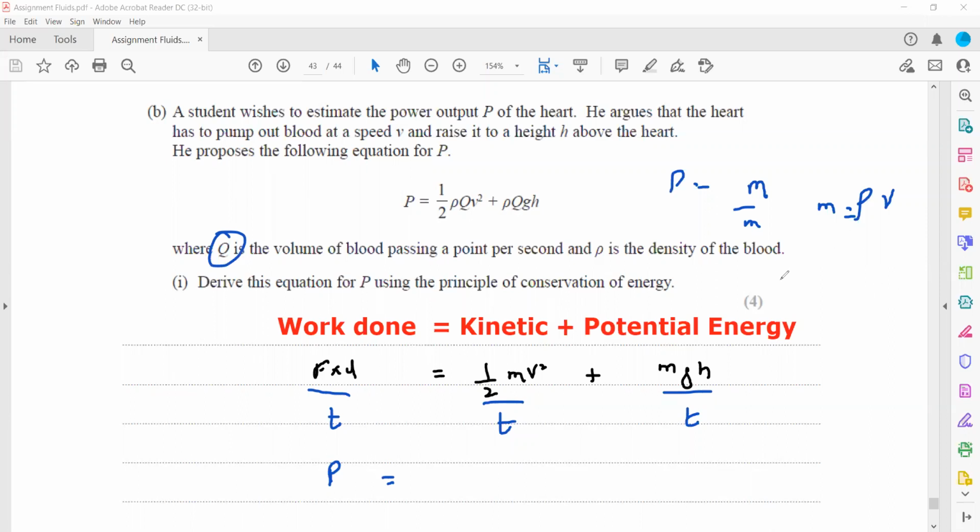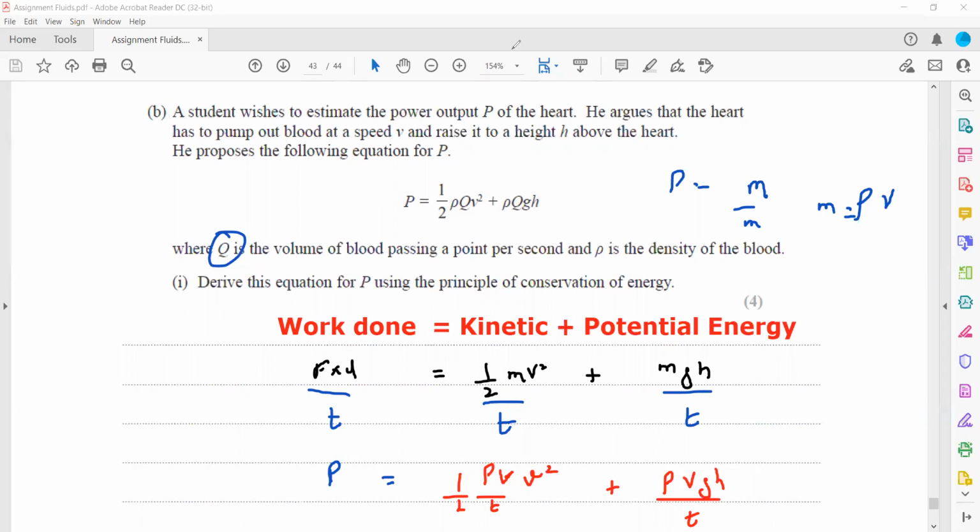So when I write it, in place of mass I substitute density times volume, so it will turn out to be half, density times volume, v squared, divided by time, plus density times volume times gravity times height divided by time.